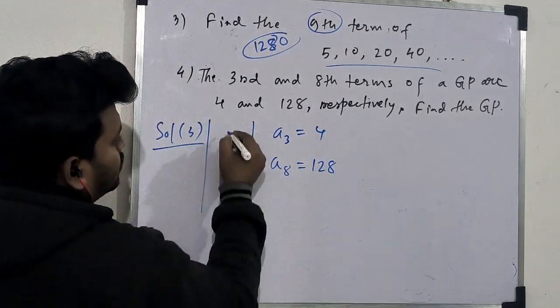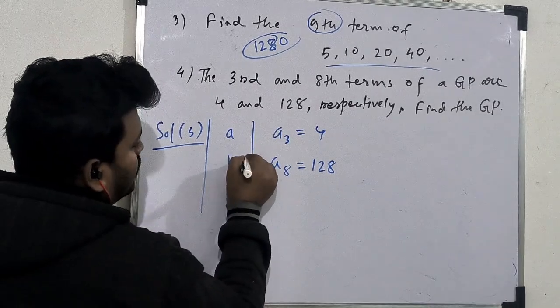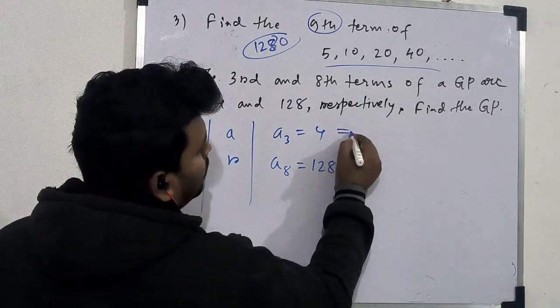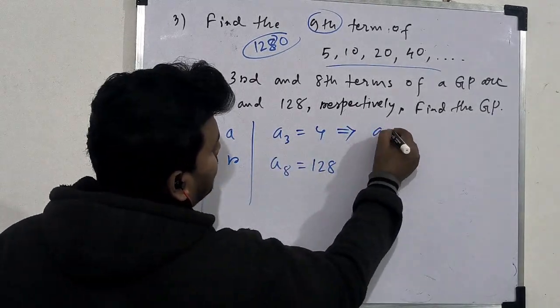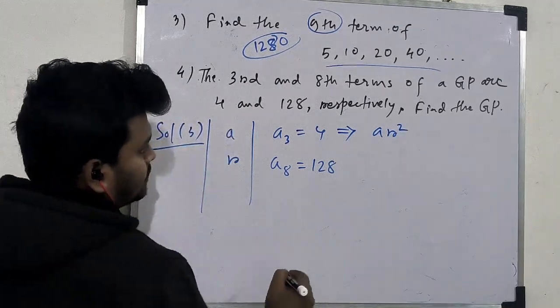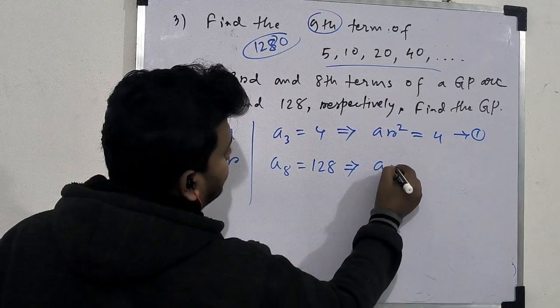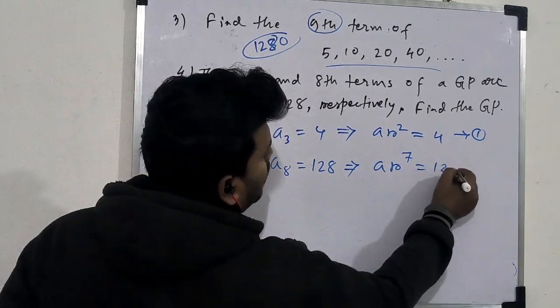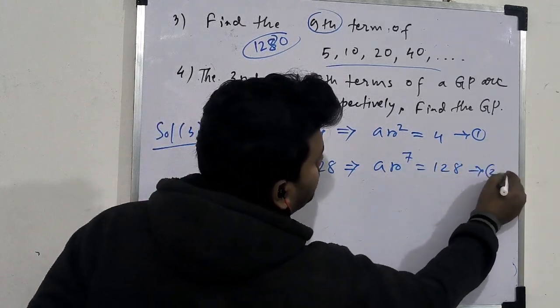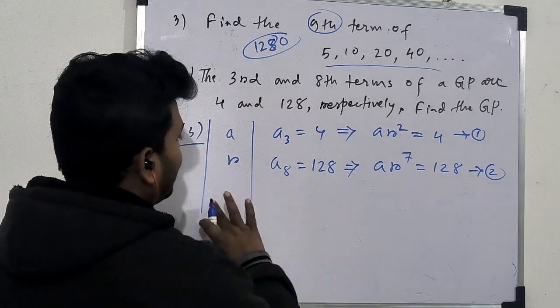So we assume that the first term is A and the common ratio is R. So therefore from this A3, that is A R to the power 2, will be 4. This is the first equation, and from this we will get A R to the power 7 equal to 128. So this will be 2. So from here we have to find A and R.